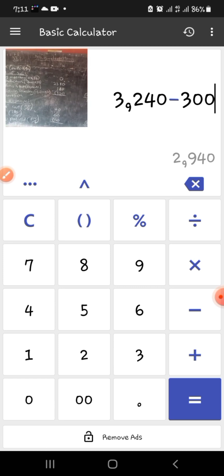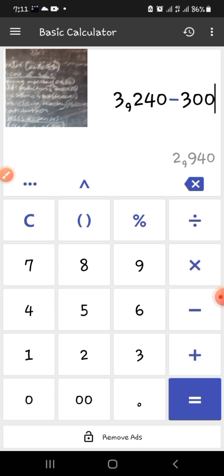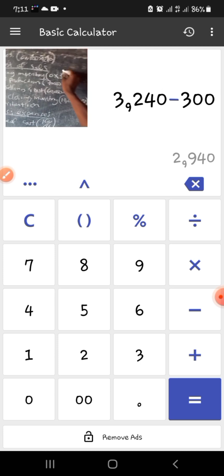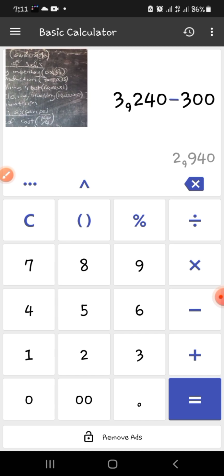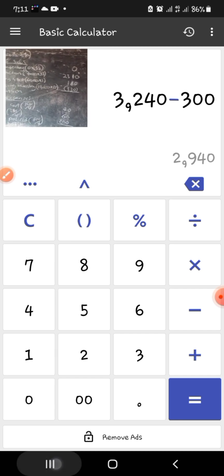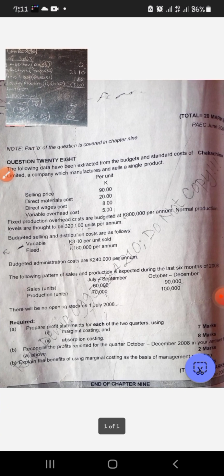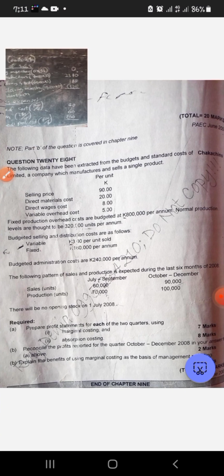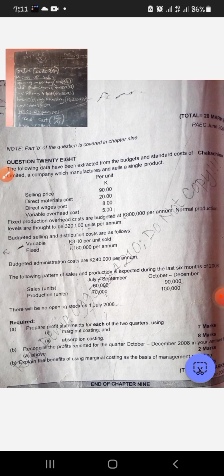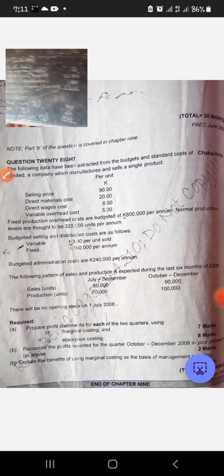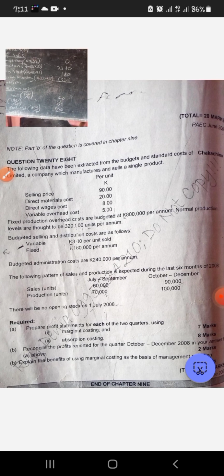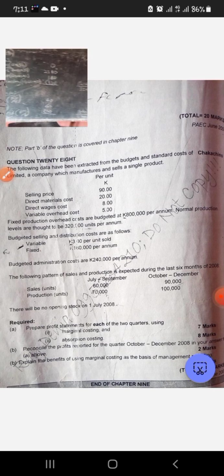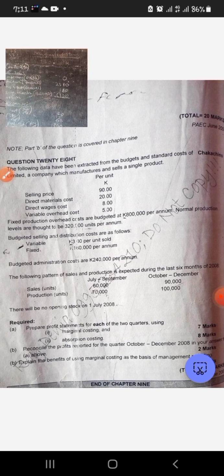The clue is you need to know that when you're dealing with the cost of sales, we are only going to charge the variable element, which the question gave us as 33 kwacha. All the fixed costs are going to be written off as period expenses. So 2940 is our net profit.